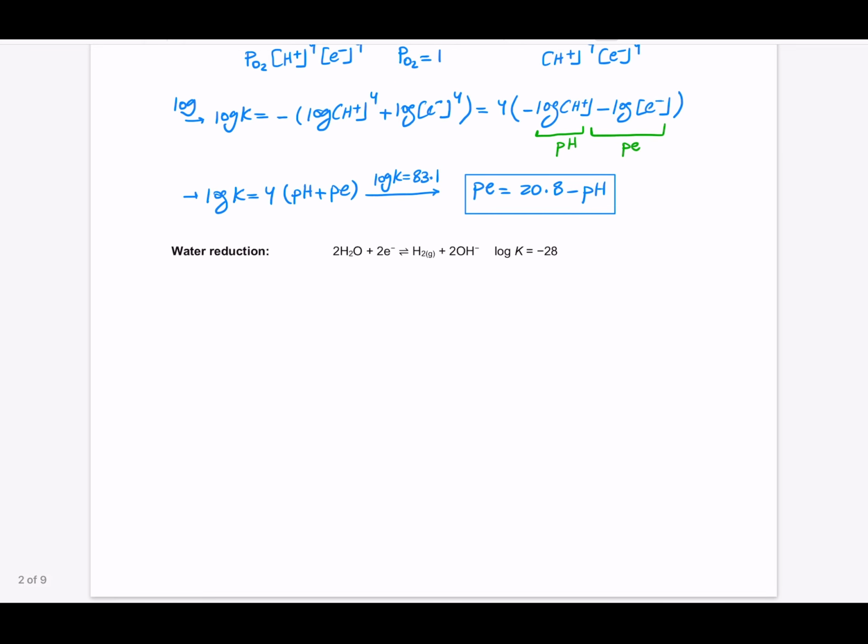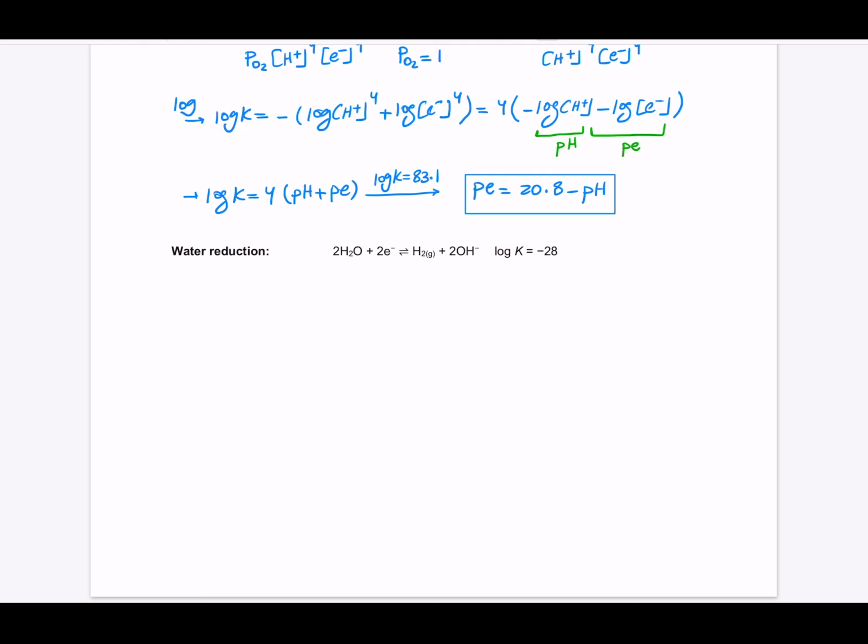So now this will be more clear as we proceed, but for now we're interested to know about that exact equation of the line. Since we have water oxidation, we also have water reduction, and the equation for water reduction would be this one with this log value. We can do the same thing here.